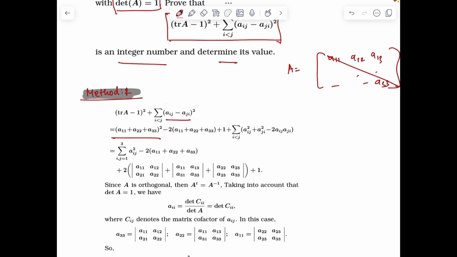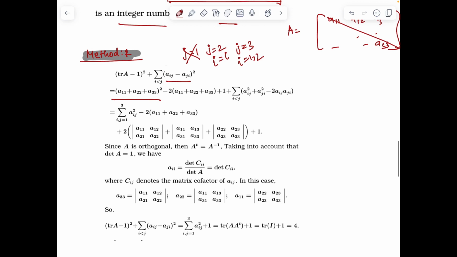This we can decode as for i less than j. So let's keep j equals 1, then i is not possible, right? Because i will be 0. So if we keep j equals 2, then the possibility of i is 1. Similarly for j equals 3, i can be 1 and 2. If we put all these values, you will get the expression evaluates to this.